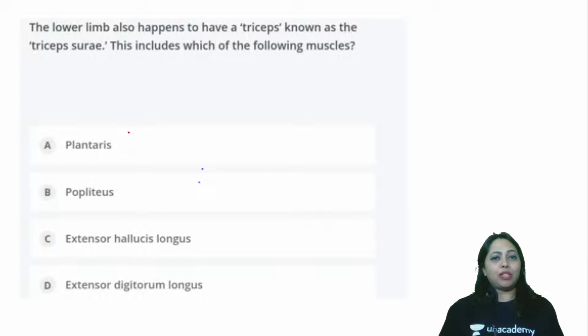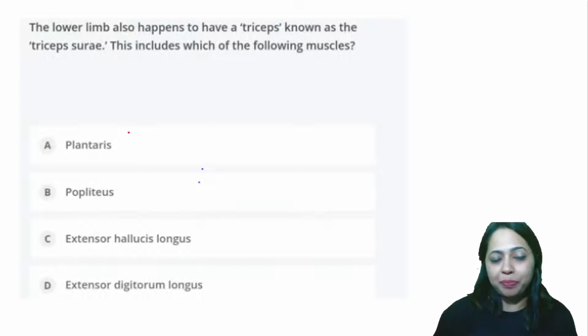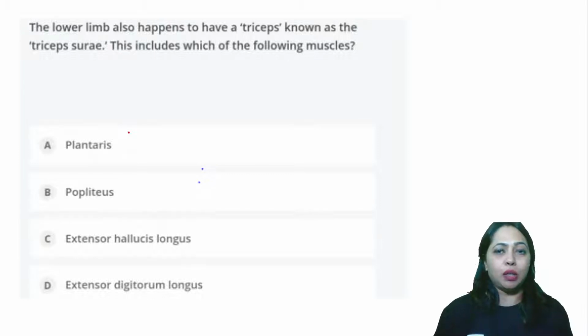We are completely talking about the triceps surae in the leg portion of the lower limb. Three muscles together form a tendon called the Achilles tendon. So this includes which of the following muscles?